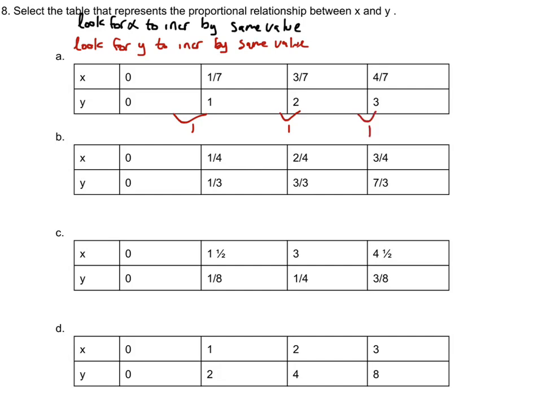Okay, now let's look at the x's. This goes up by 1/7. This goes up by 2/7 though. So this doesn't work. So this is not right. So you could say no. And try the rest for B, C, and D.